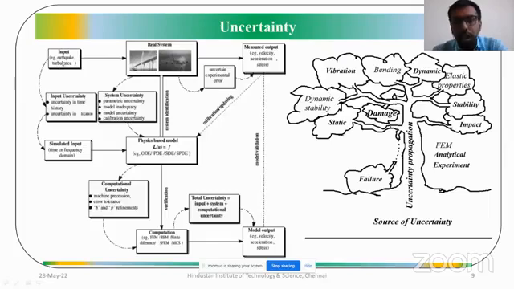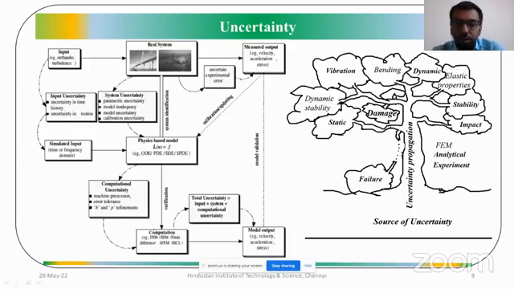This is the input: earthquake, turbulence. Thereafter there is system uncertainty: parametric uncertainty, model uncertainty, calibration uncertainty. So the total uncertainty consists of input uncertainty plus system uncertainty plus computational uncertainty. All these three, input plus system plus computational uncertainty, will be incorporated.